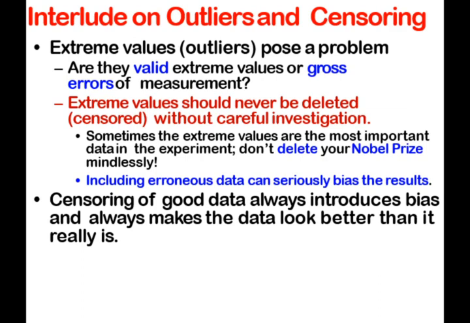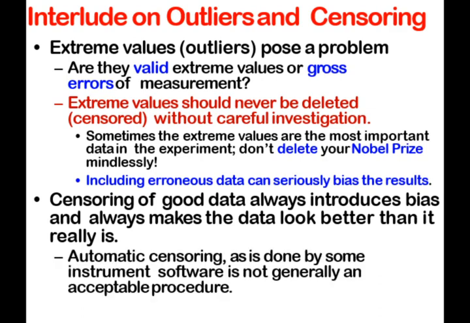Because we have those people that are out there. And some software does automatic censoring, if you will, but we don't really do that. We do most of our statistical analysis by hand in this lab. So not by hand, but I mean you have to do the calculation either in Excel or whatever.